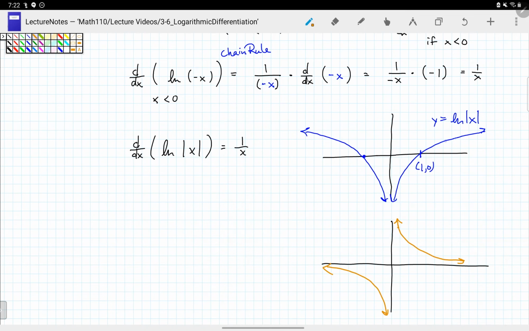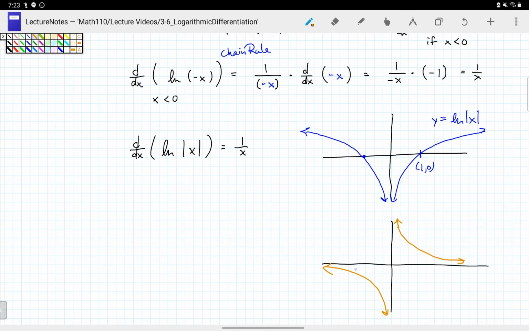For larger values of x, the graph is much less steep, so the derivative should be a number closer to 0. And on the other side, for negative values of x, it's exactly the same shape, except the function is decreasing rather than increasing, so the derivative should be negative. So again, we see this symmetry of the derivative reflecting the symmetry of the original function.